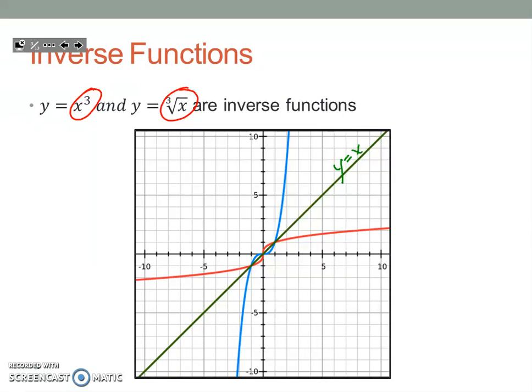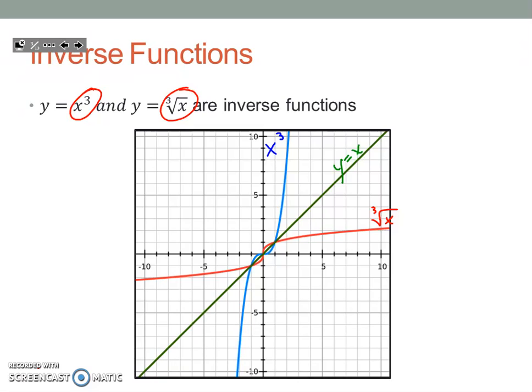That's our line y equals x. Our cube function is this one in blue, and our cube root function is this one in red. If you take a second to look at these, you can see that those functions are inverses of each other because they're symmetric about that green line. Whatever's on top is flipped over to the other side.